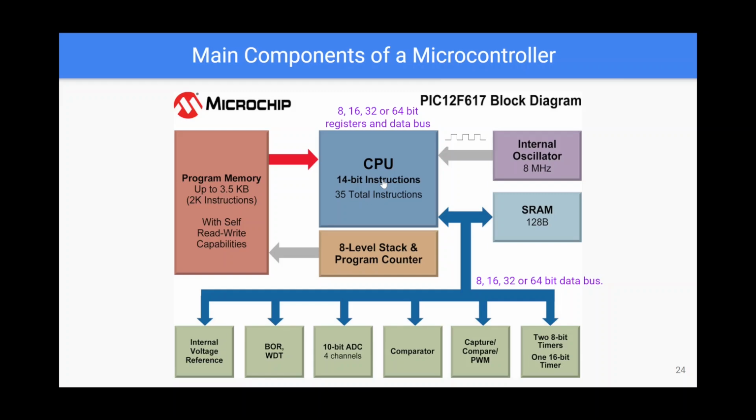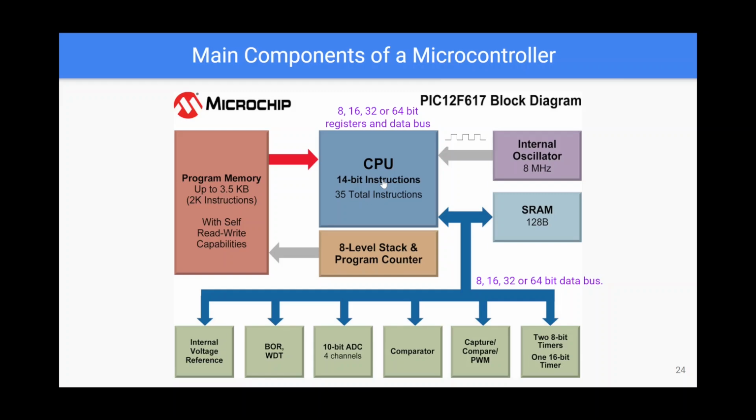So remember this, it's not the address bus, we are talking about the data bus. Whenever we mention the size, whether it's an 8-bit, 16-bit, 32 or 64-bit microcontroller or CPU, either way, we are mentioning the size of the data bus.